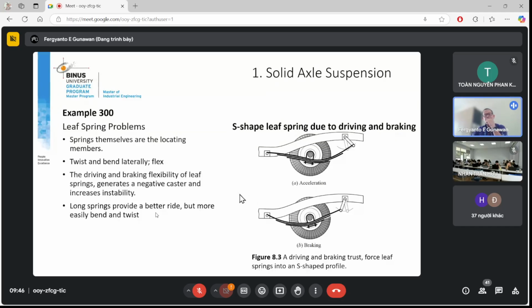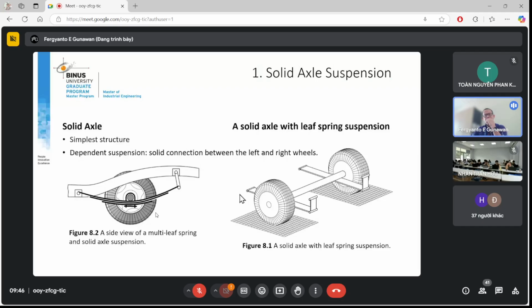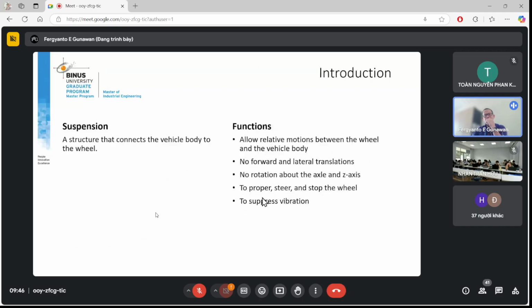At the beginning, I mentioned that one of the best suspensions should only allow movement in the vertical direction, but not much movement in the forward direction. So that is the definition of a good suspension. A good suspension only allows movement in the vertical, but does not allow movement in the forward direction.